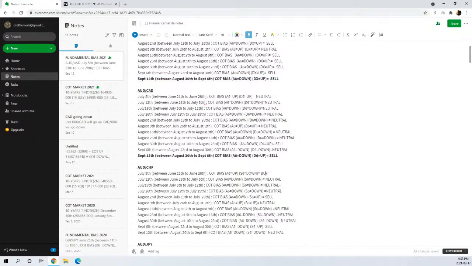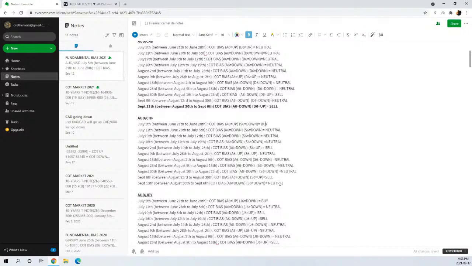Anything that is neutral, like the AUD CHF, we're not going to cover, because there was no direction for the week. The AUD was going down and the Swiss franc was going down, so that was neutral.